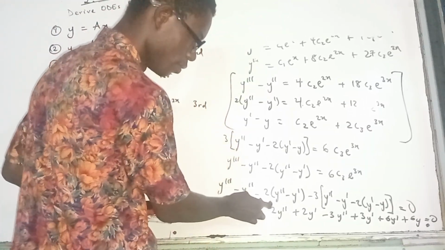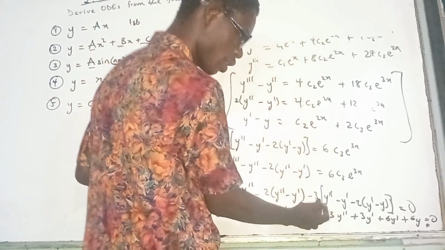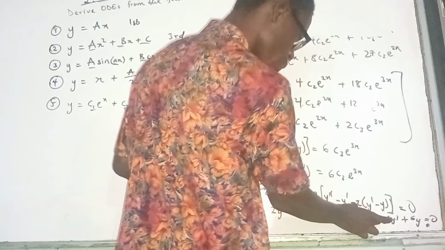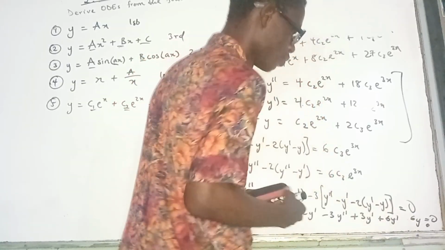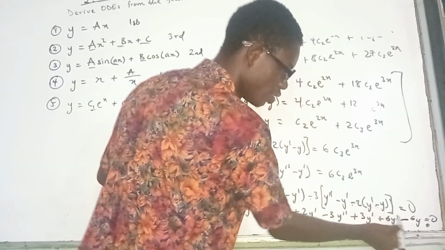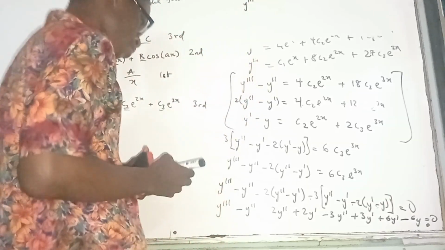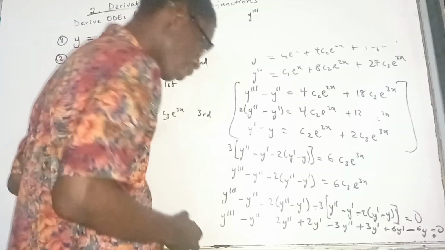Now let me simplify this. Minus times this gives us plus. Minus times plus is minus already. Then when we open this, it turns to minus again. So now let's simplify this. We have only one y triple prime, minus 3, right?